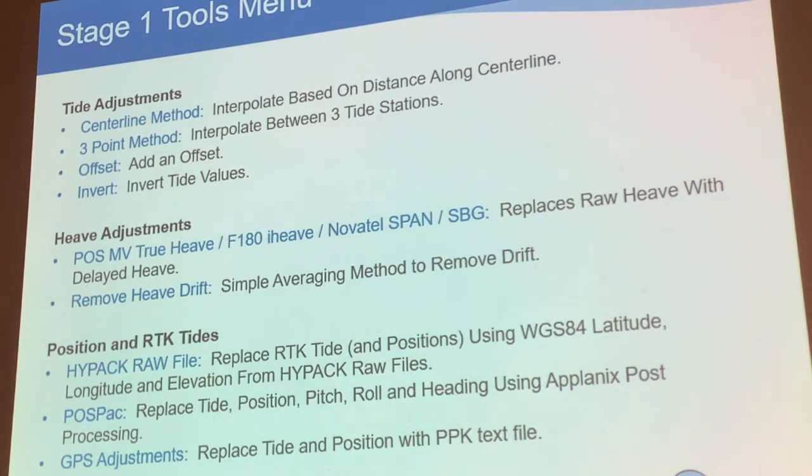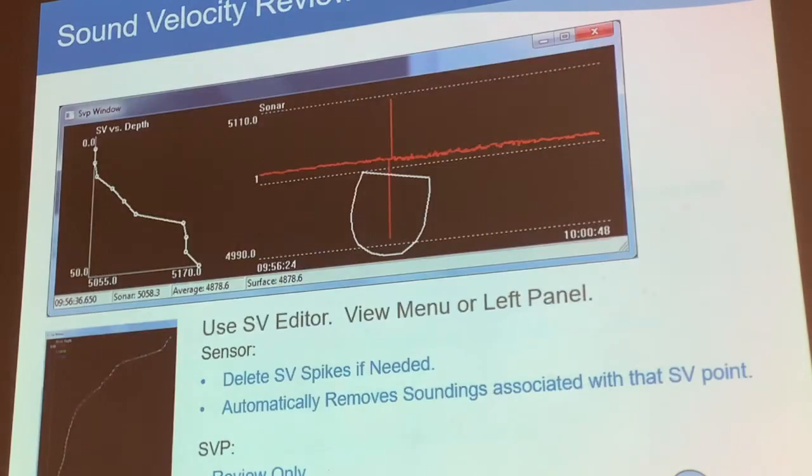So why the SV editor here is because sometimes when you send the sound velocity profiler down, in between it suddenly will have an error for one of the depths. So maybe 0 to 10 meters is okay. Then at 11 meters it shows 700 meters per second when it's supposed to be 1500, right?